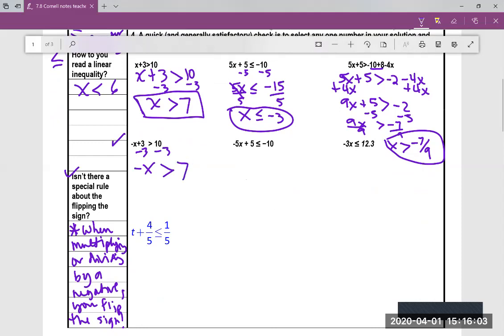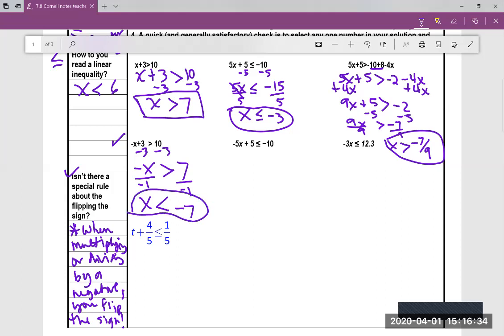Now, you can think of this as dividing by negative 1 or multiplying both sides by negative 1, but we have to get x on a side by itself. So when I do that, a little alarm should go off in your head, like beep, beep, beep. We've got to flip the sign here. So this is going to be x is less than negative 7. 7 divided by negative 1 is negative 7. And that's the answer.